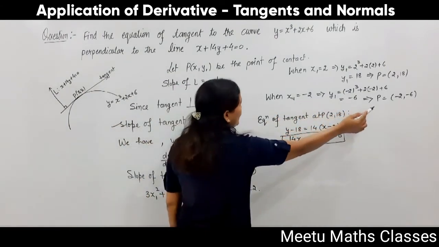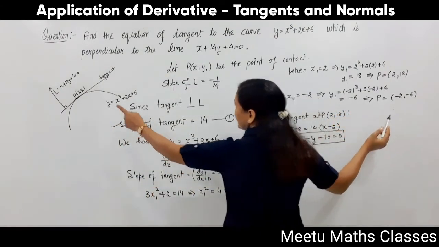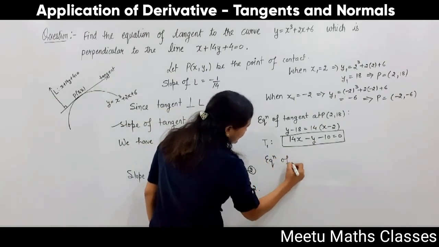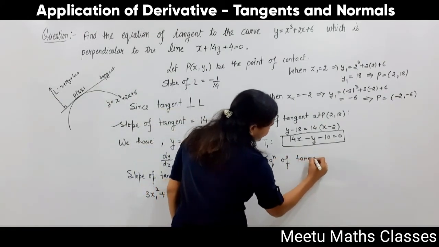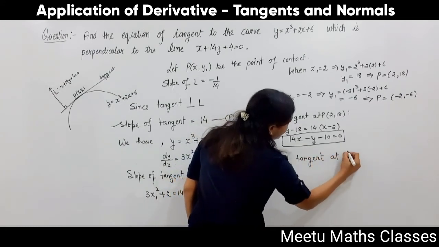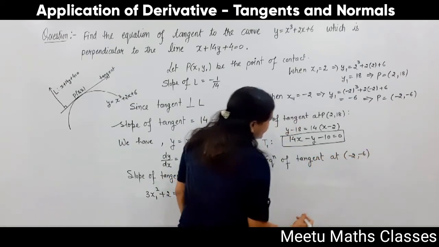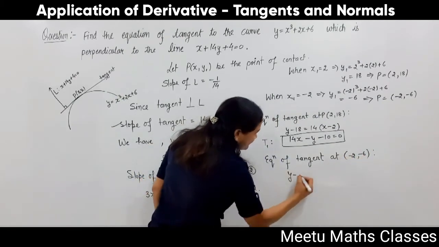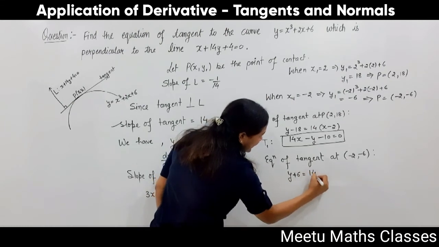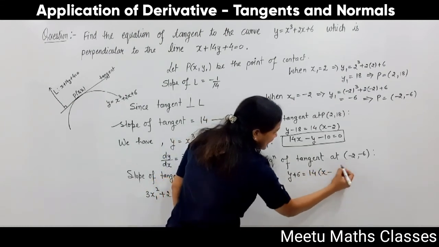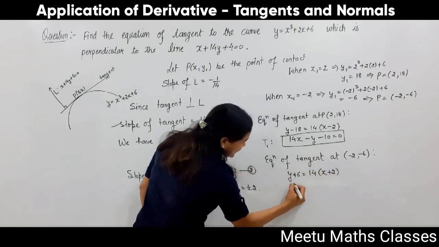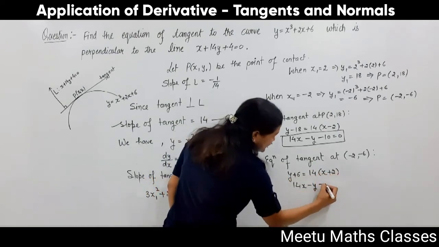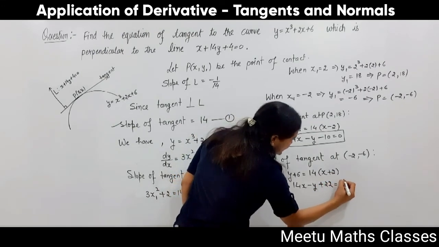And also from this point of contact there will be another tangent. So the equation of tangent at (-2, -6) will be y minus y1 equals m times x minus x1, and that is equal to 14x minus y plus 22 equals 0.